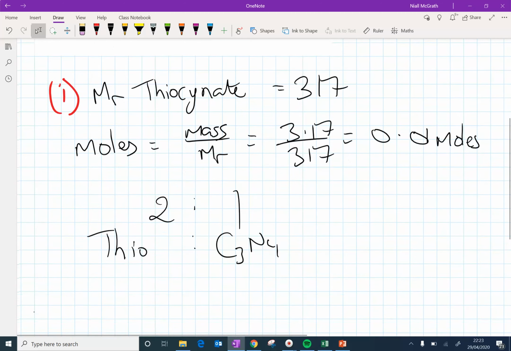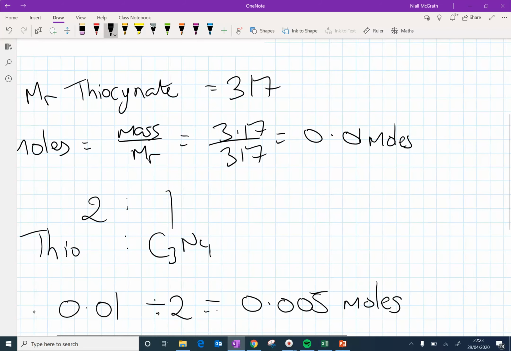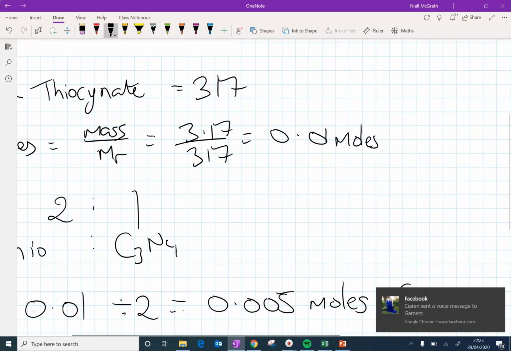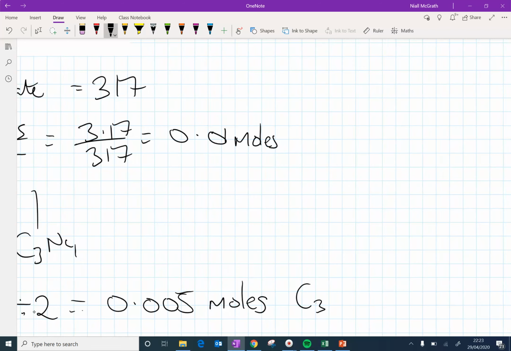To get the number of moles of the C3N4, we take our 0.01 moles of thiocyanate, divide that by 2, and then we have 0.005 moles of C3N4.